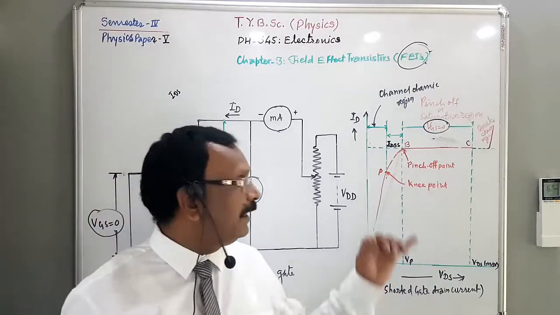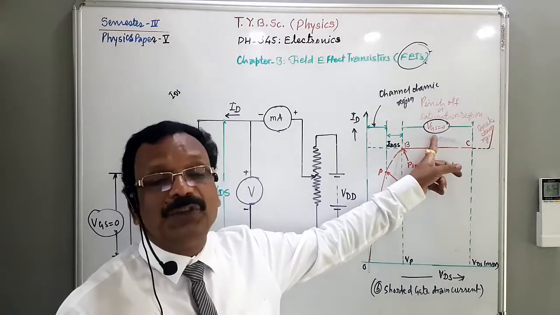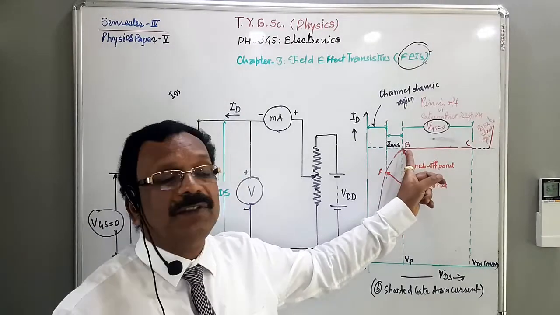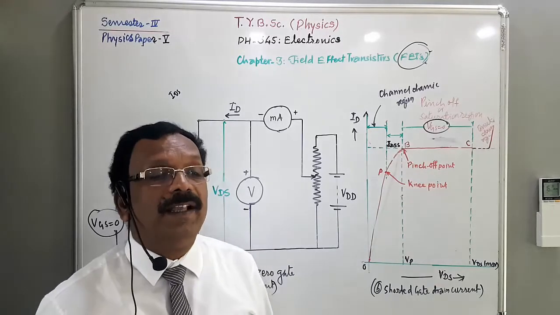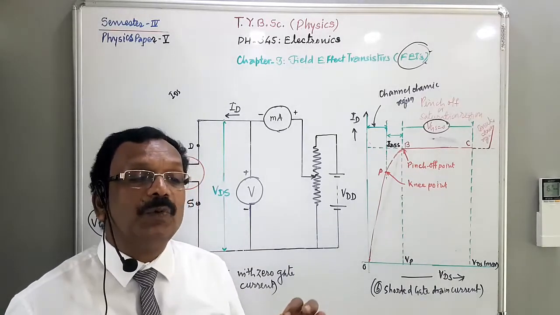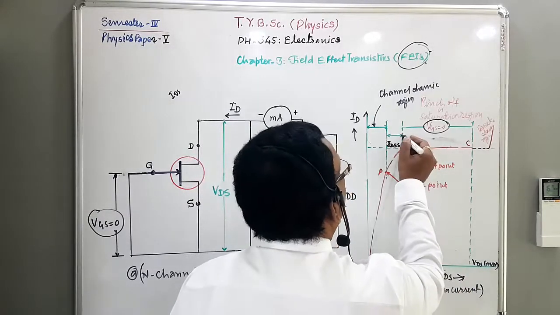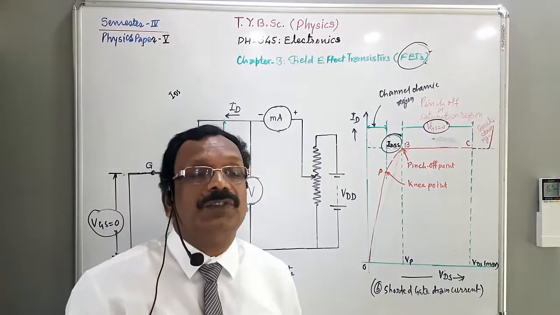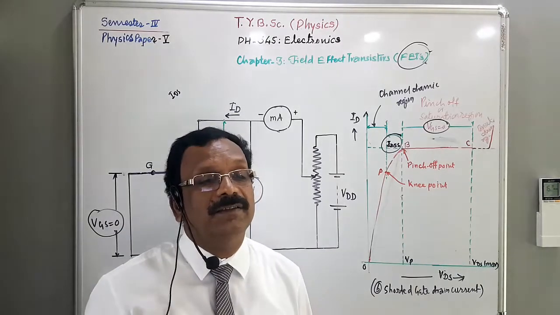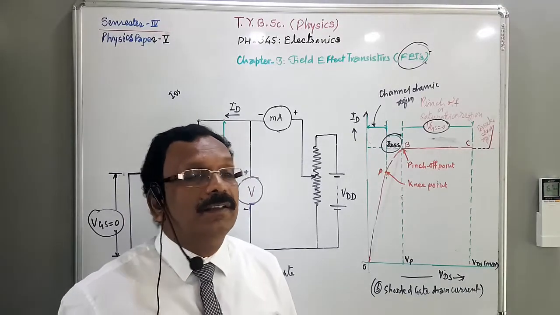The drain current at this point with VGS equal to 0, the maximum drain current, is referred to as the drain source saturation current, that is IDSS.